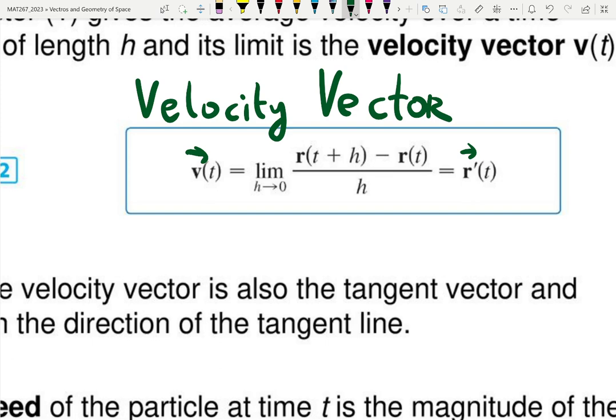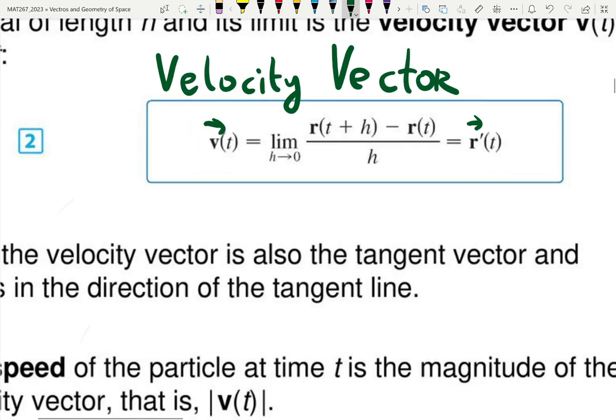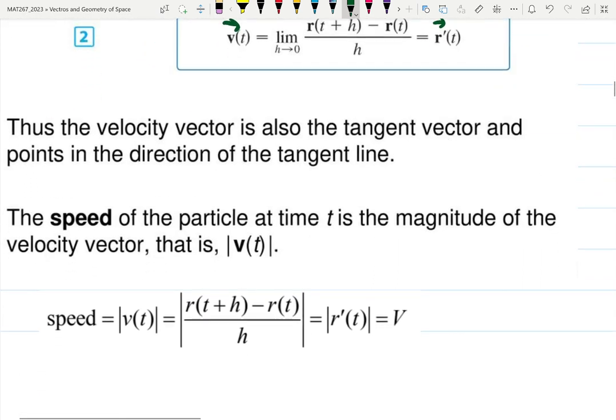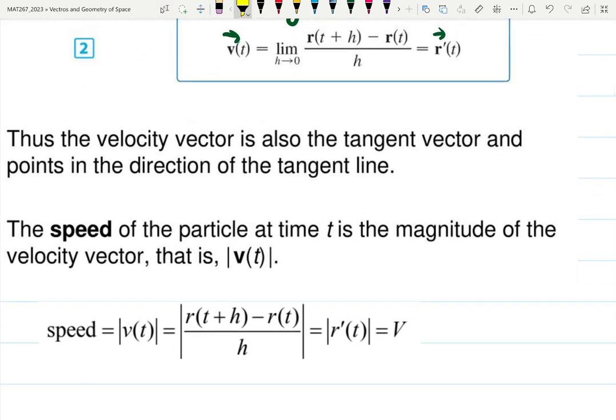How do I find the speed? Velocity and speed are not the same thing. Velocity has direction and it kind of moves things, right? Speed is how strong the velocity is, which means what? The magnitude. Good job. So you have this kind of intuition. The velocity vector is v, but the speed will be the size of v, which is the size of r prime.